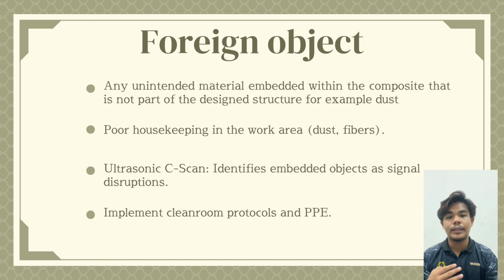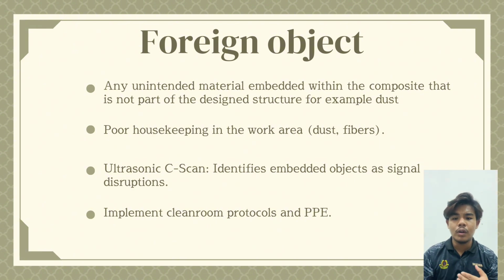For example, dust. How can dust be trapped in our composite part? It is because of poor housekeeping in the work area, so dust can be trapped easily in our manufacturing process.